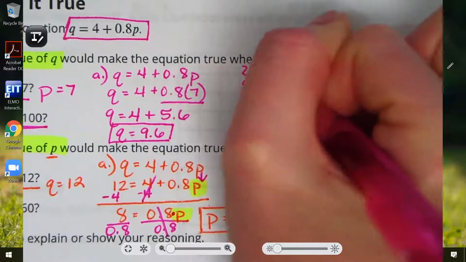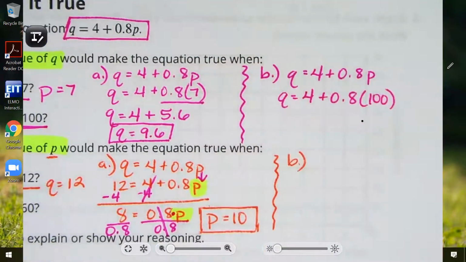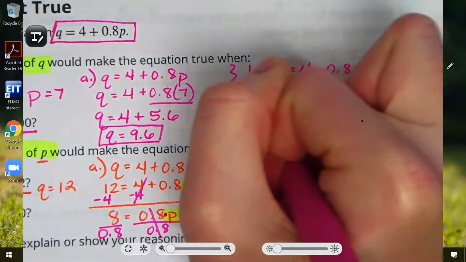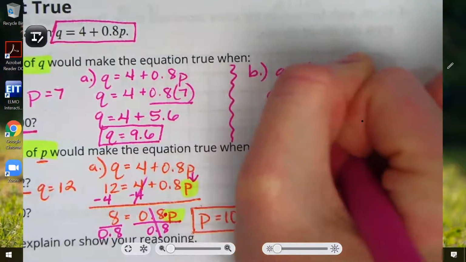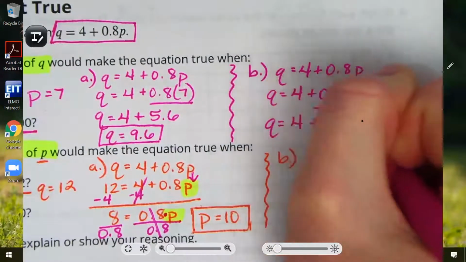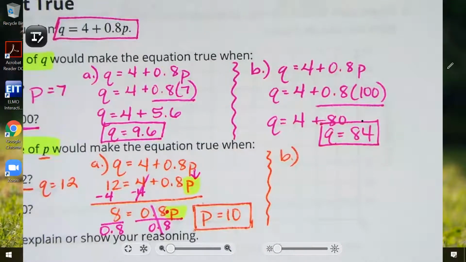I have Q equals 4 plus 0.8 times 100. I do my multiplication first, so I have Q equals 4 plus 80. And then I have Q equals 84. So when P equals 100, 84 is the only thing that Q could be that would make it true.